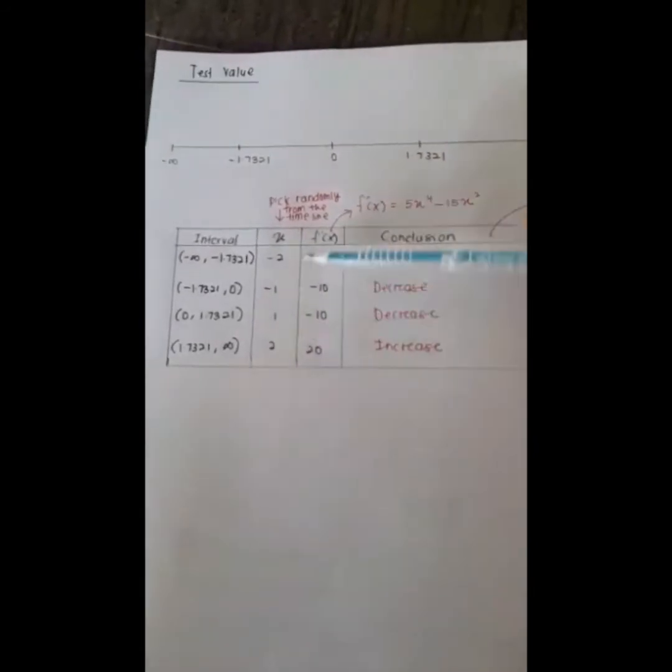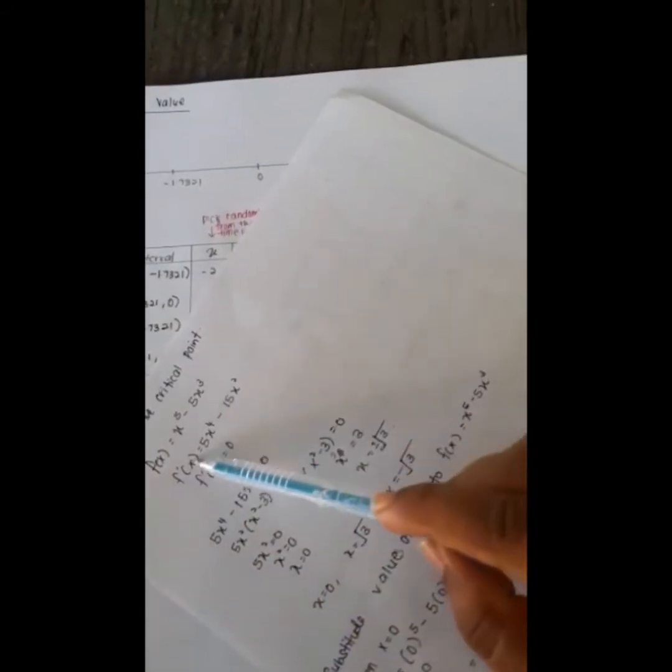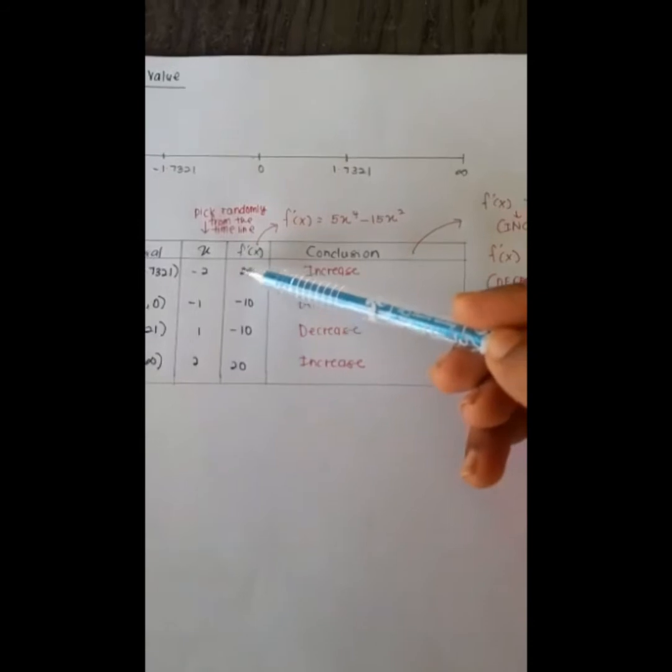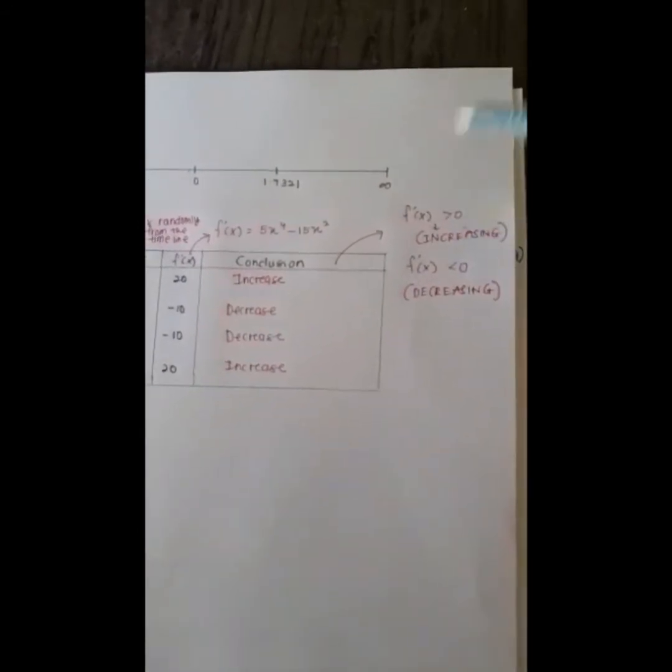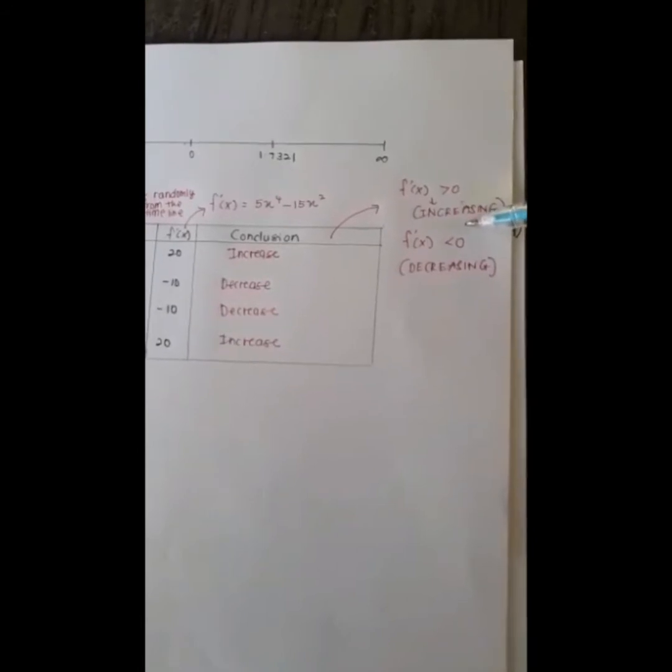And then f prime x: in this column we must substitute our x values in this function. This is our first derivative function that we did before. We have to substitute in that function so that we will get these values. From these values we can conclude whether the function is increasing or decreasing. So here we can say that if f prime x is more than 0, it's increasing.